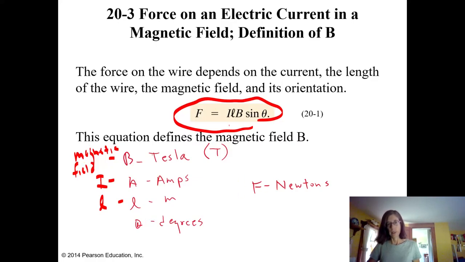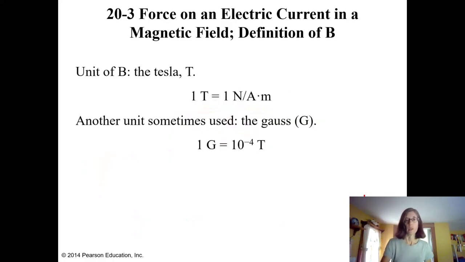And theta is the angle, measured in degrees, and the force is in newtons. Recall that the sine of 90 degrees is 1, and the sine of 0 is 0. Those are typically the two cases that we'll see.